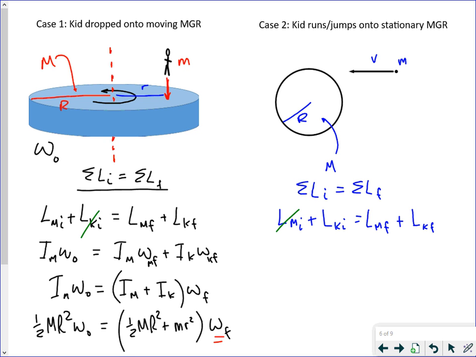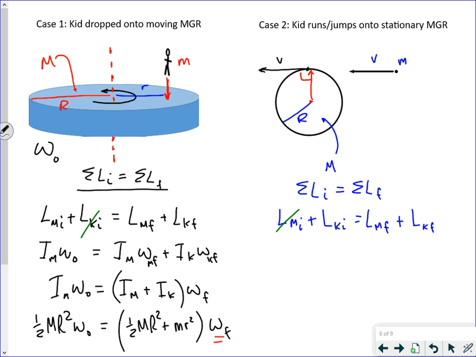There's an axis of rotation that we're interested in, where the kid is relative to that. And when the interaction happens, the kid ends up here with that speed. And the r vector, in this case from our point of interest, that axis of rotation, to where the kid is, looks like that, and we get a nice right angle there.